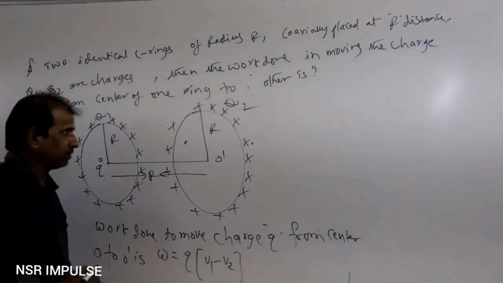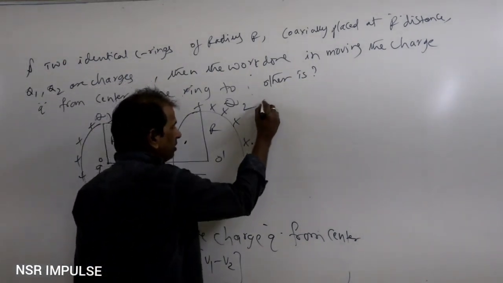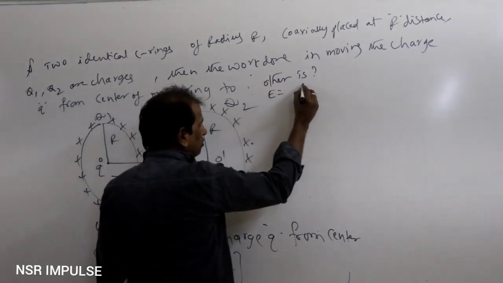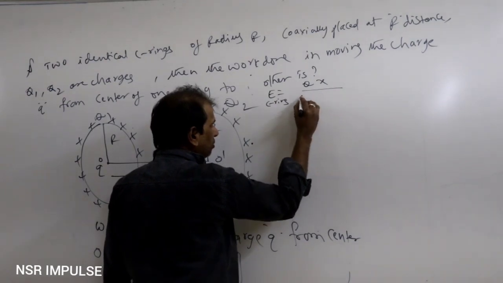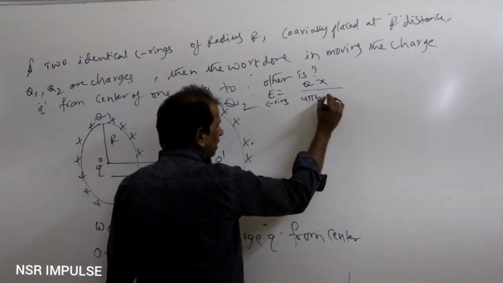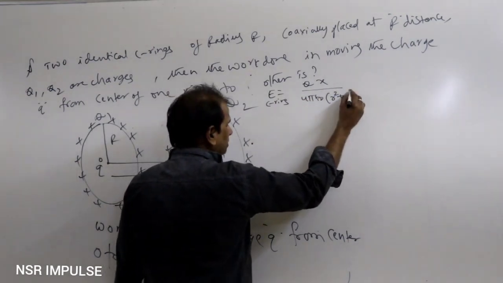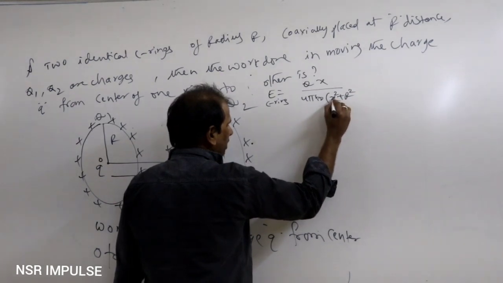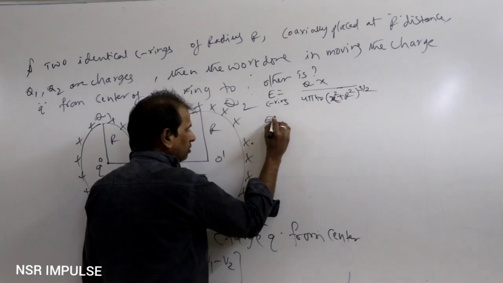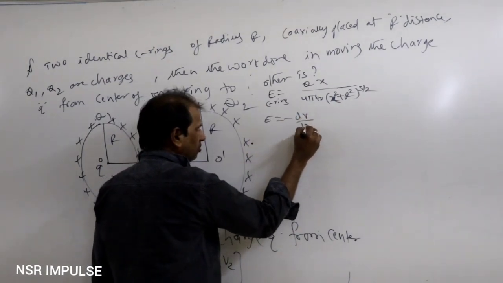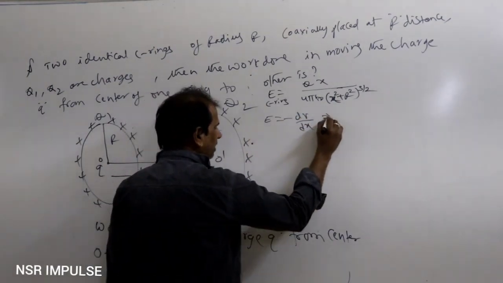Now how to find the potential? The field due to a circular ring on its axial line is Qx by 4 pi epsilon naught (r square plus x square) whole power 3 by 2. To find the potential we do minus dV by dx.